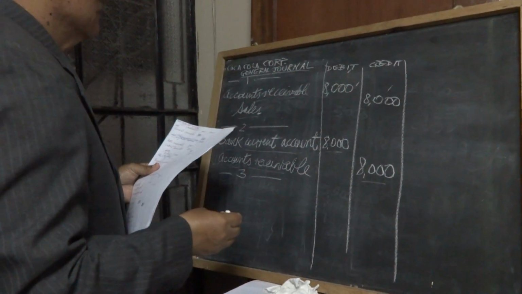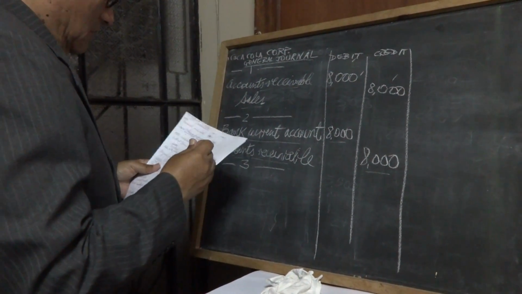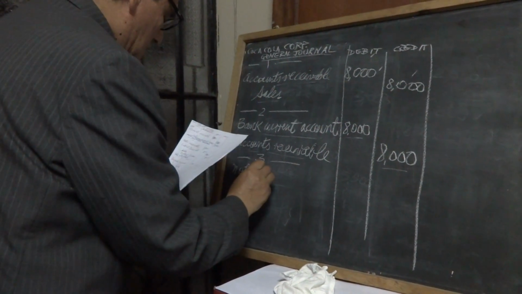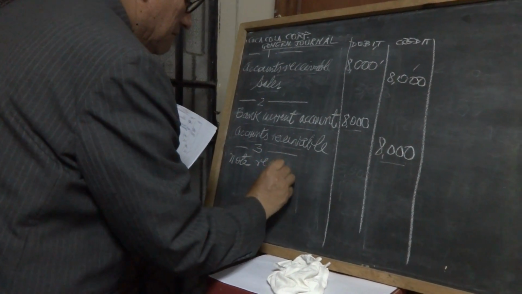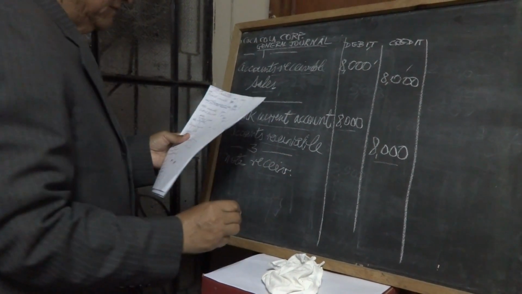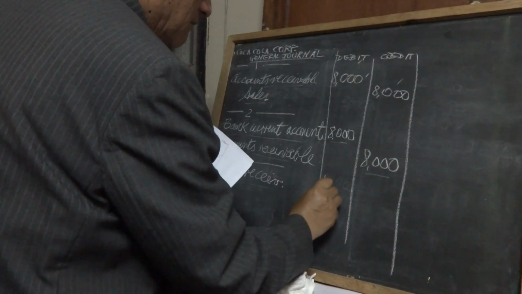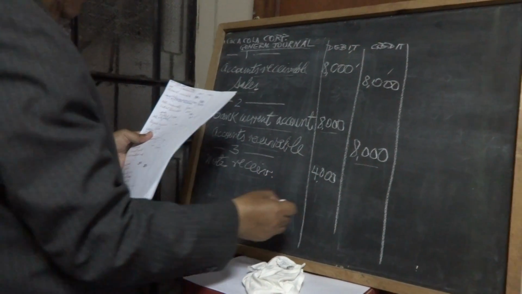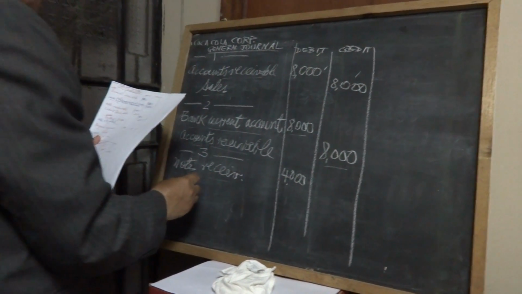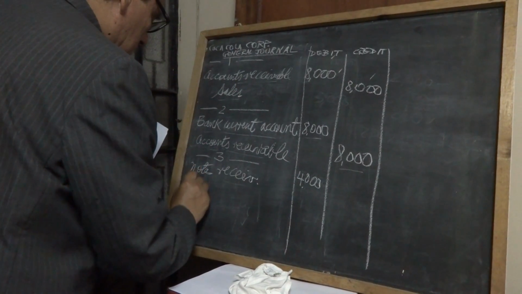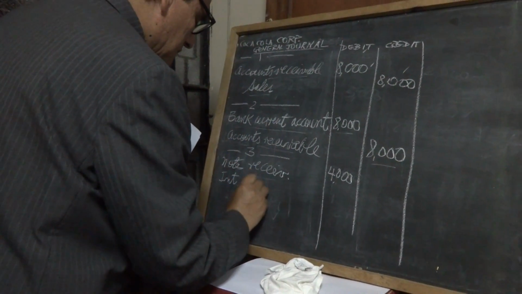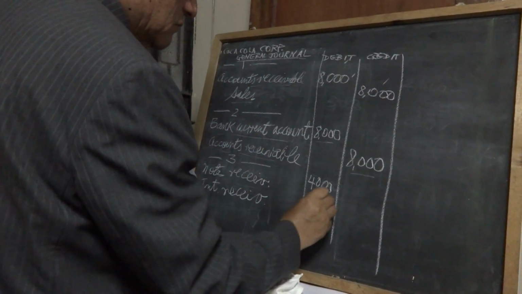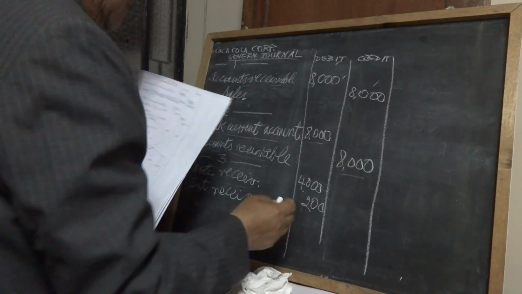The entry in the general journal will be notes receivable for $4,000 on debit, column debit, and interest receivable for $200 on column debit.